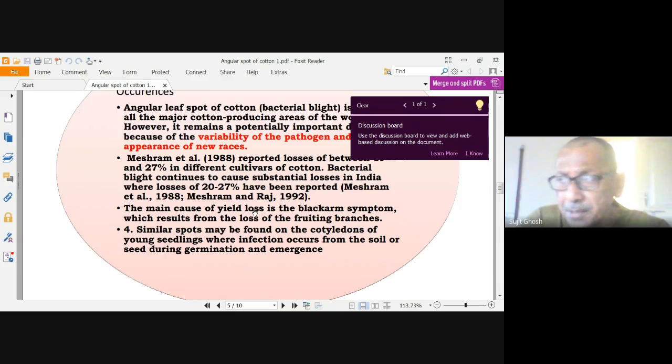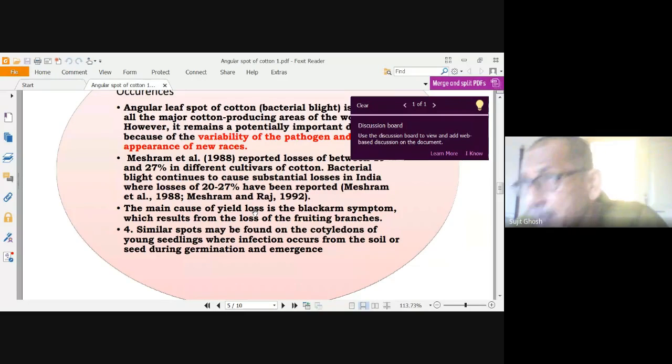Later it was observed that 20 to 27% of the total yield loss is caused by Xanthomonas axonopodis variety Malvacearum, and it mainly targets the branch which ultimately produces the flower and the fruit. So the fruit loss is equal to yield loss.